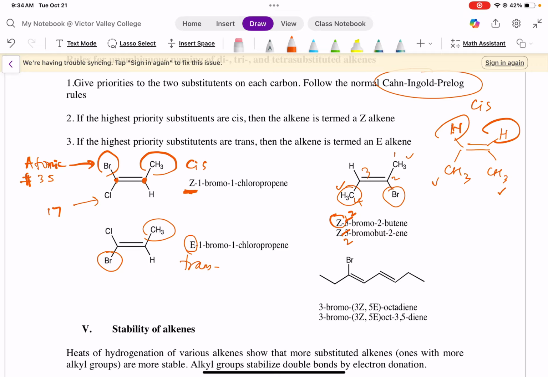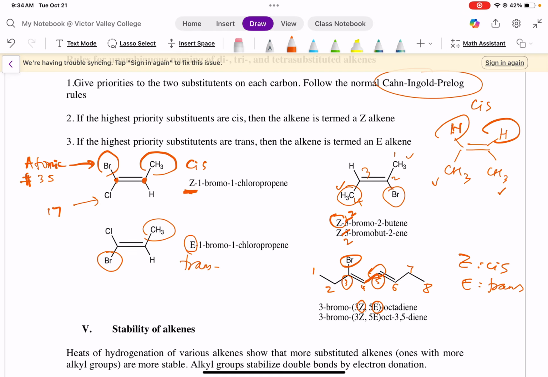Okay, and here you would go 1, 2, 3, 4, 5, 6, 7, 8. So you got 3,5-octadiene. Now, how come 3 is a Z and 5 is an E? Z means cis, E means trans. Okay, now if you look at the 3, the bromo is higher, and then you look at the 4, the carbon part right here is higher.